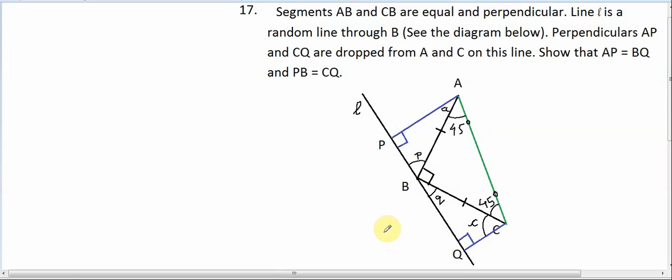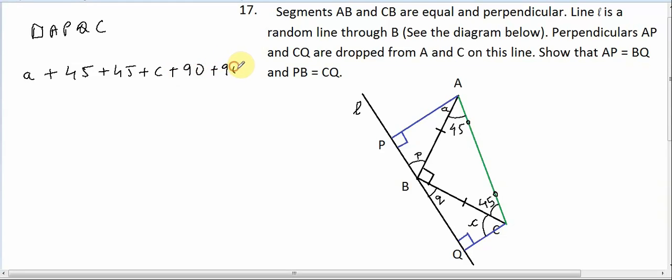Now we apply angle sum property to quadrilateral APQC, and we find that angle A plus 45 plus 45 plus C plus 90 plus 90 is equal to 360 degrees.